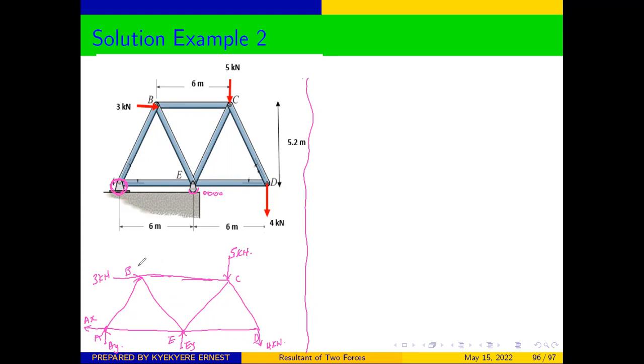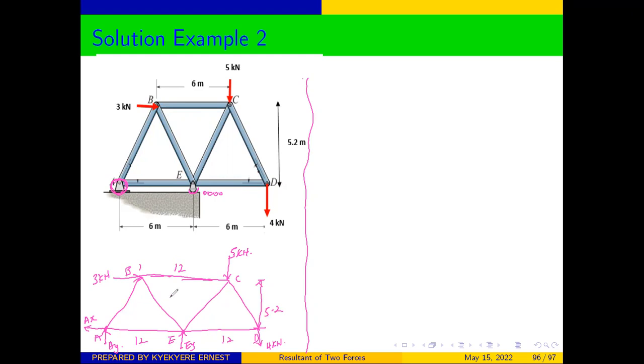Good. And we are told that the distance from this to that is 12. This is 12. This is 12. And the height, we are told that the height is 5.2.